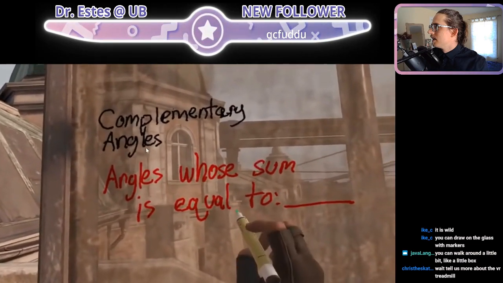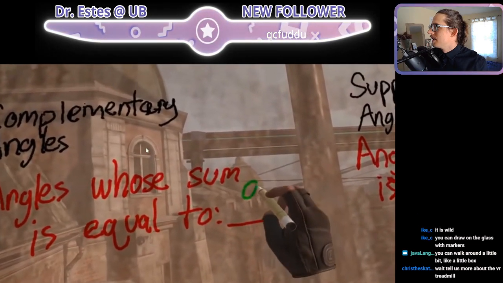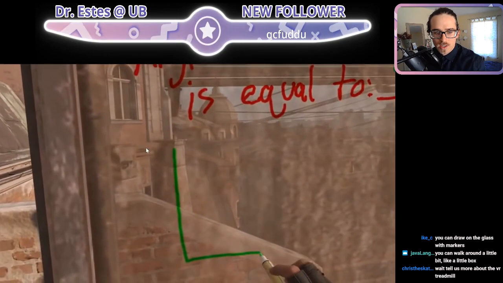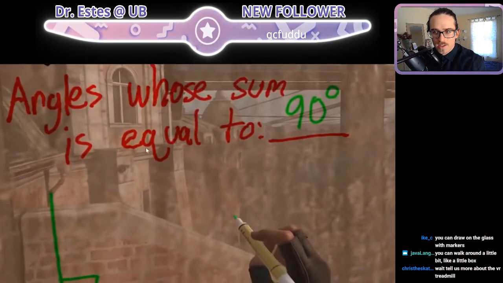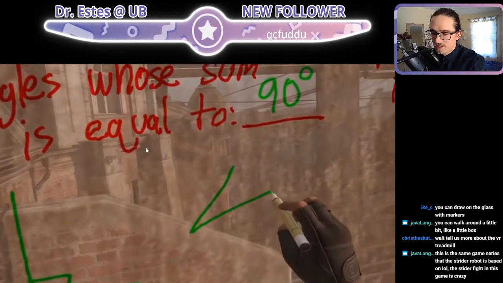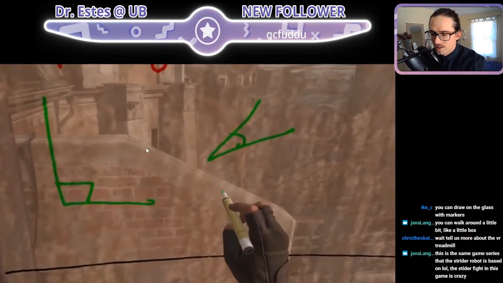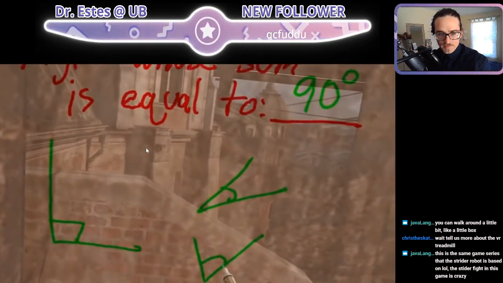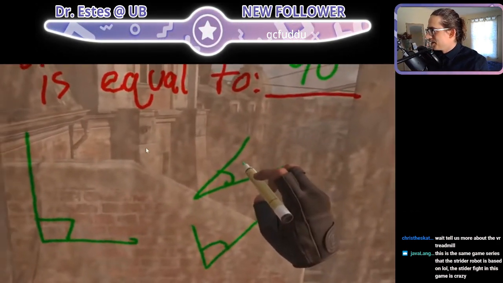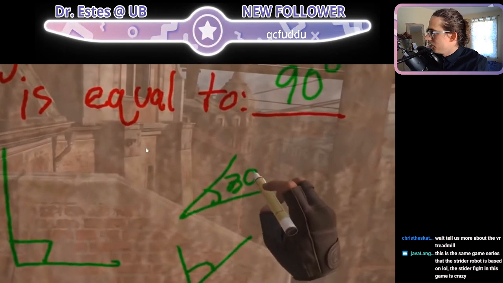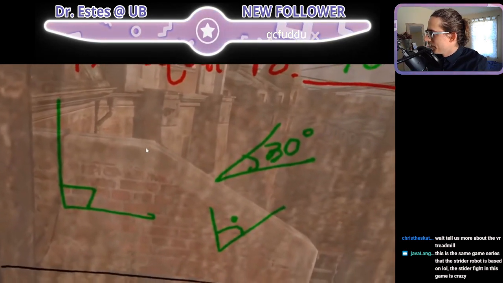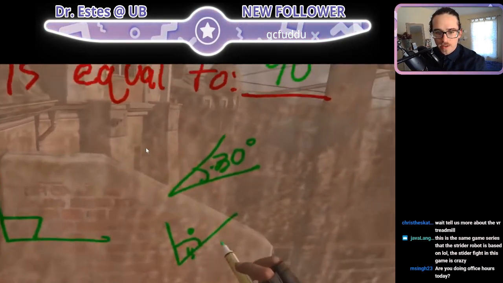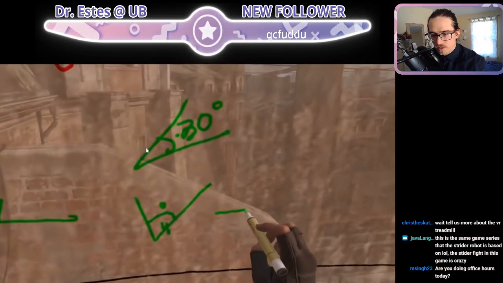Complementary angles are angles whose sum is equal to 90 degrees. Complementary angles are, together they're going to form a right angle. So if I have this angle, and let me see if I can do it, they don't have to be adjacent. If I tell you this angle over here needs to be 30 degrees, and this angle is complementary with this angle, so we know that together they're gonna equal 90 degrees.